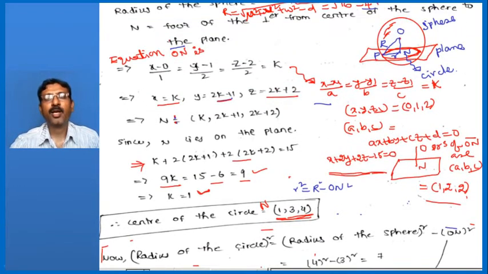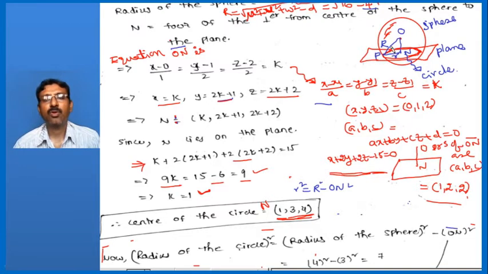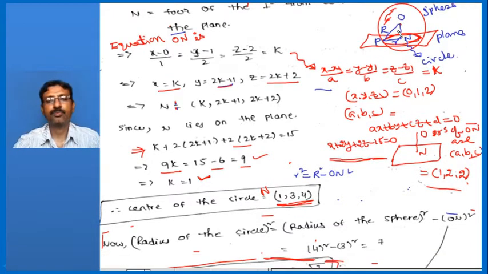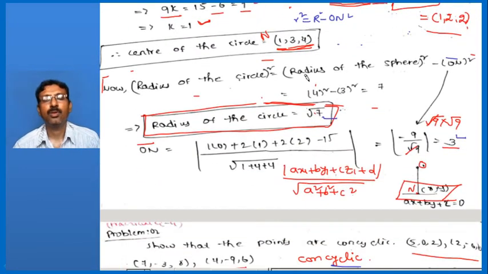So coming back here, the triangle ONP is a right angle triangle. The right angle is located at N. Using Pythagoras theorem, small r square equal to capital R square minus ON square. The capital R is the radius of the sphere.